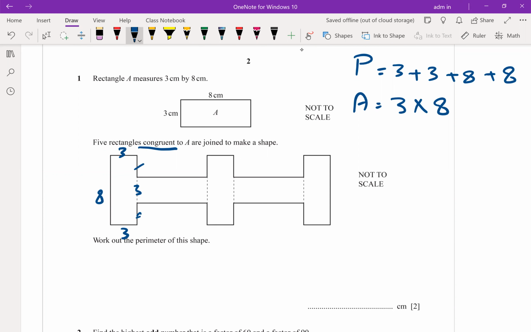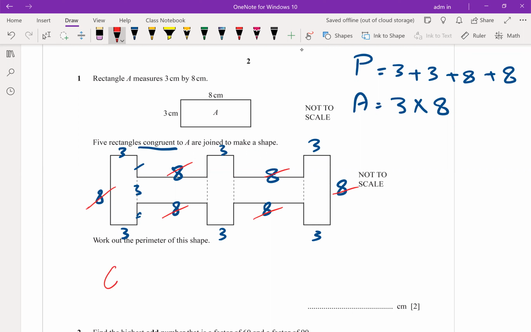So these two parts, their sum will be 5. This side 8, this side is 3, this side is 8, this side 8, this side 8. The small part is 3, 3, 3. So how many 8s? 1, 2, 3, 4, 5, 6.